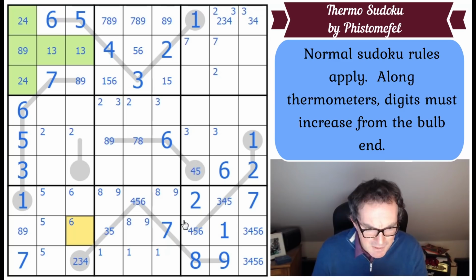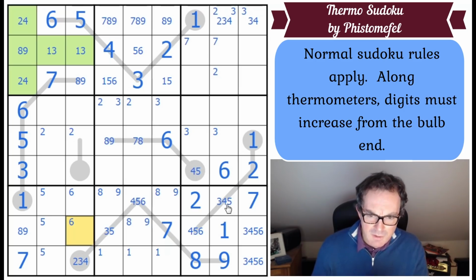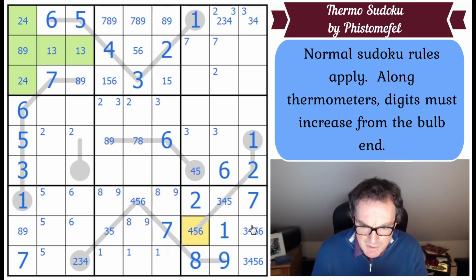So can we somehow force what's going on? Is there something we can do here? There's probably a way that this thermometer interacts with this thermometer that is actually useful, if I was clever enough to spot what it was.